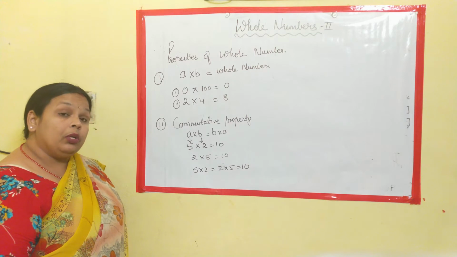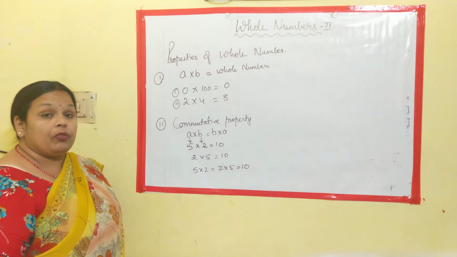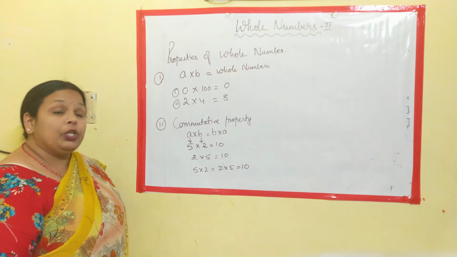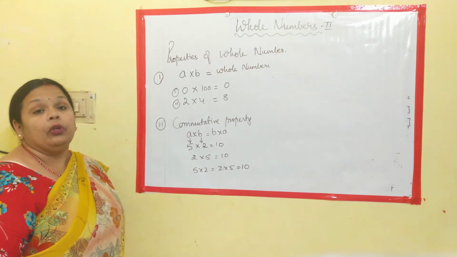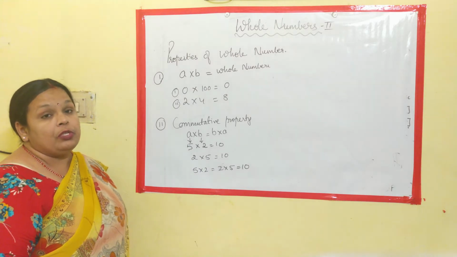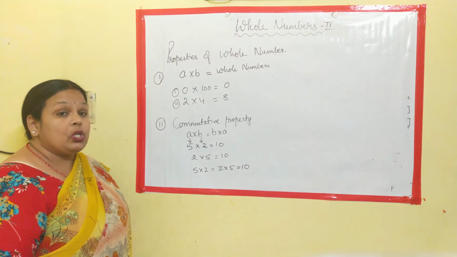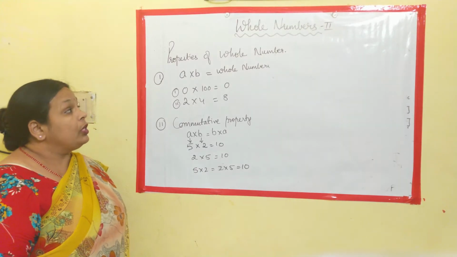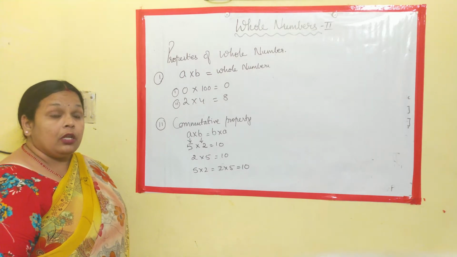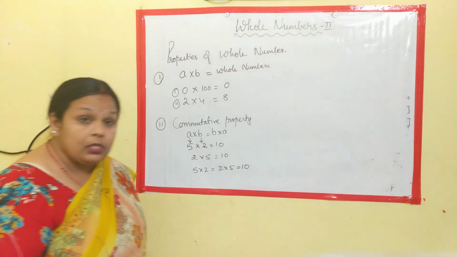Now the third one. As we have seen the properties in addition and subtraction, closure, commutative and associative are there for almost all four operations. For addition, we saw that closure exists, commutative also exists, associative was also existing.